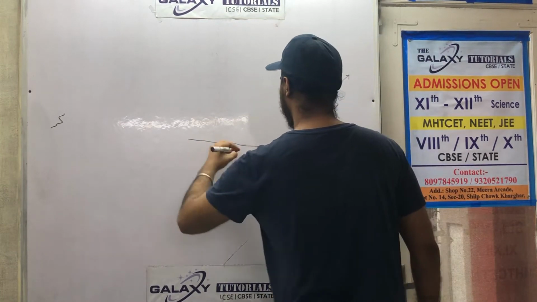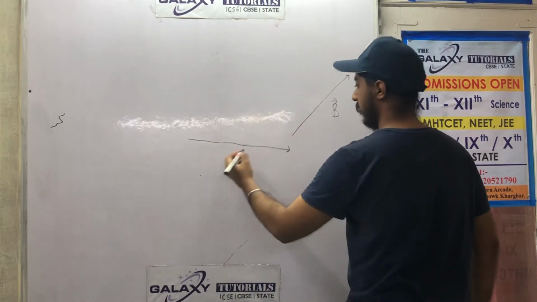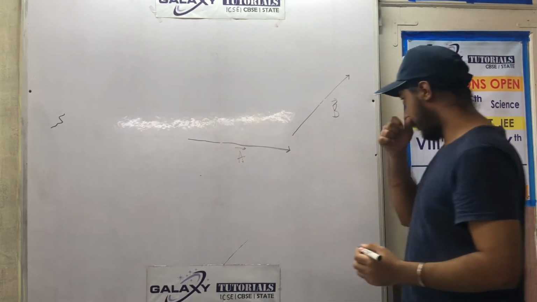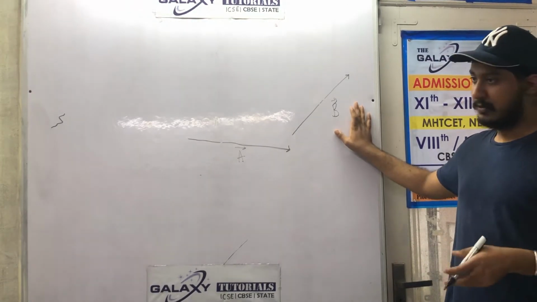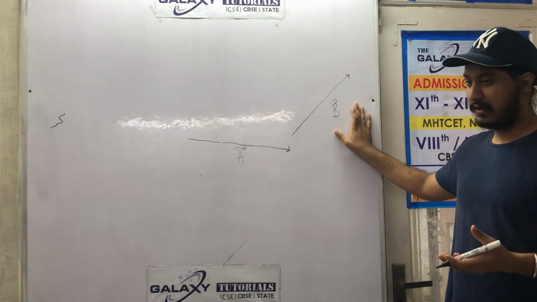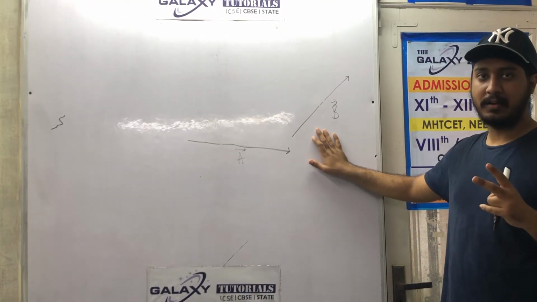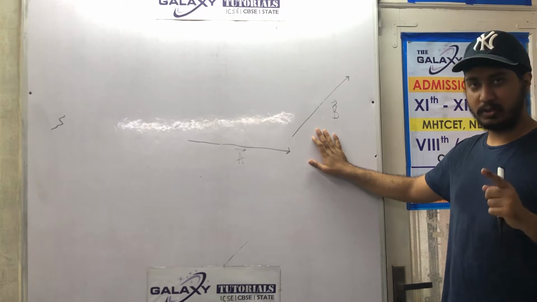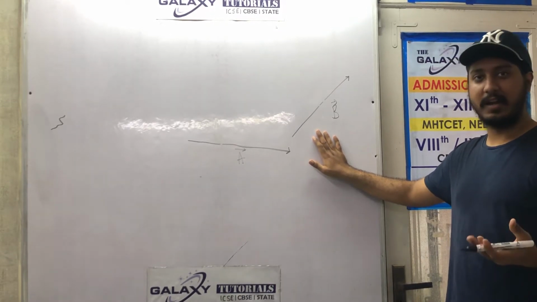Now I will name it A, and this is vector B. As you can see here, these two are in different directions. So what does triangle law state? That if these two vectors form two sides of a triangle, then the third side will give us the resultant vector.